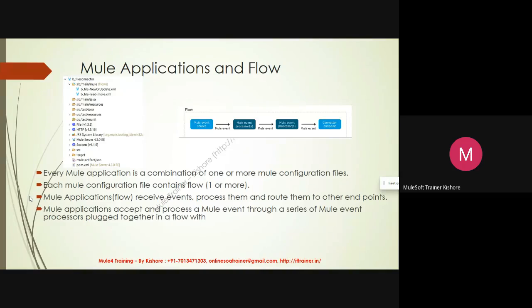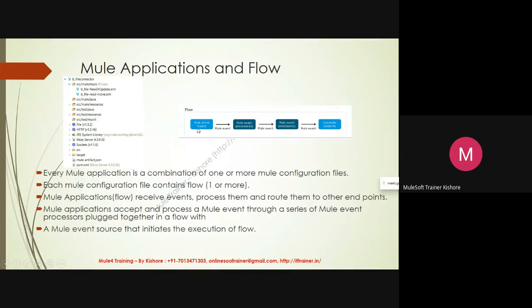So a Mule application accepts and processes a Mule event through a series of Mule event processors plugged together in a flow. A Mule event source initiates the execution of the flow. So the same points in a bit more technical terms are mentioned here. It accepts the Mule event first.